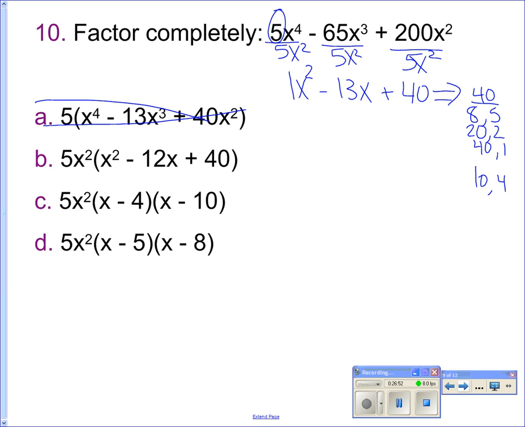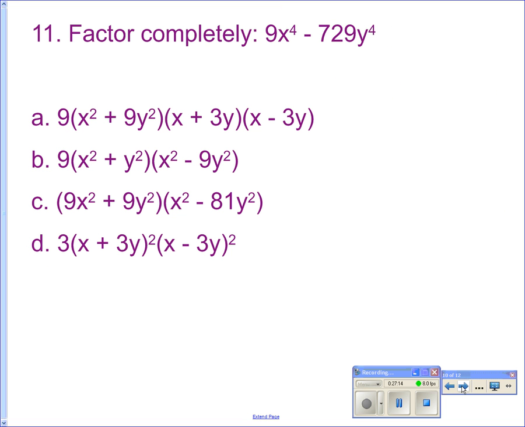What's 8 plus 5? 13. What do I want it to be? So what does it have to be? Negative 8 and negative 5. So if you look at your answer choices, which one is that? D.